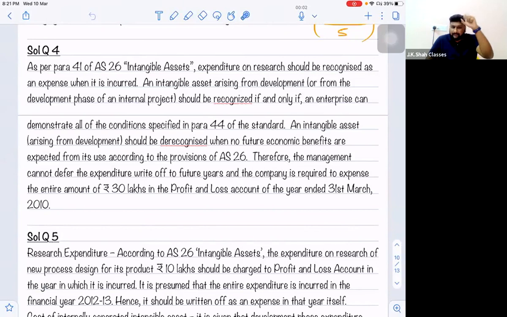Once the patent is developed, with the help of that patent, they will make the rocket. The rocket is a tangible asset for them, but the technology that they are developing by doing all the scientific calculations and algorithms, that is an intangible asset for them. Yes, sir. So all their calculations will be done first, and they will make patents of them. Whenever they develop something, they immediately send it for patents. So many patents they develop.